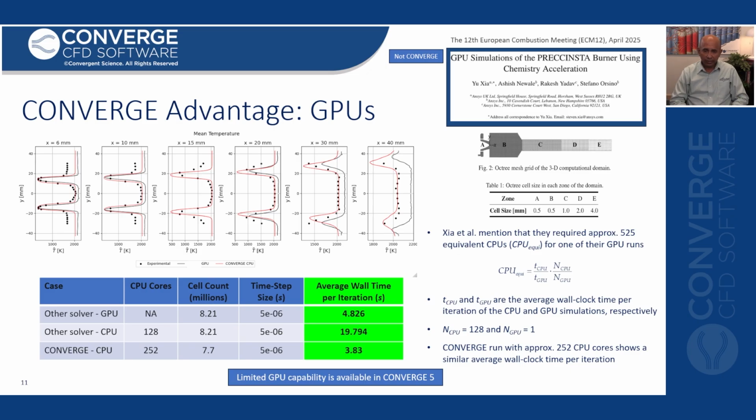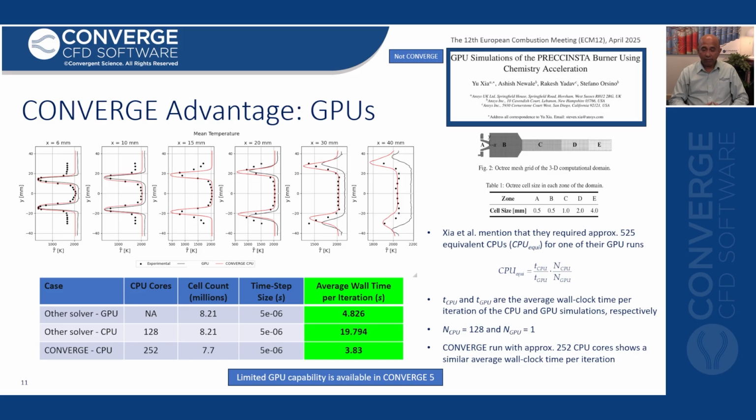Let me quickly talk about GPU capability as well. Currently, the version that is released, Converge version 5, has GPU capabilities for cold flow simulations. In Converge 6, which will be out next summer, we will have combustion capabilities with GPUs.